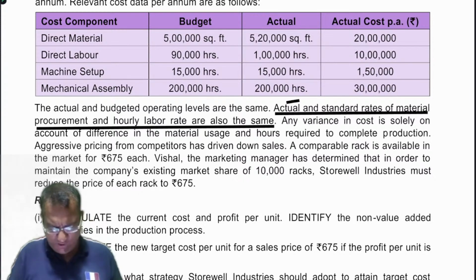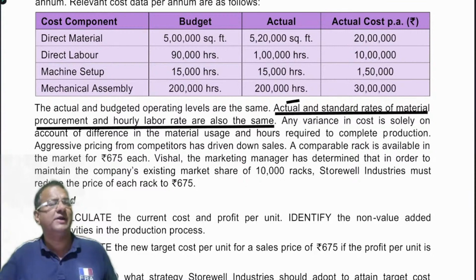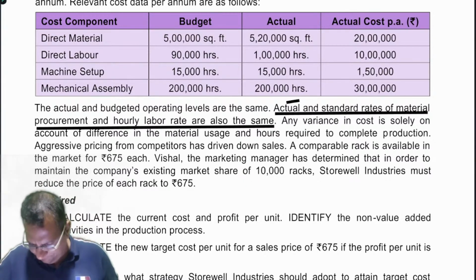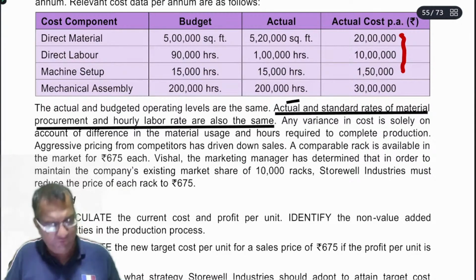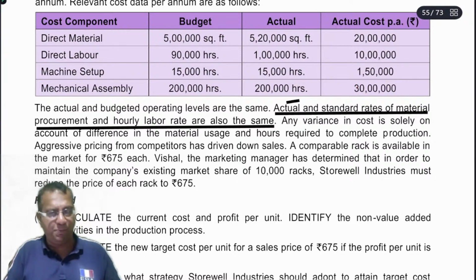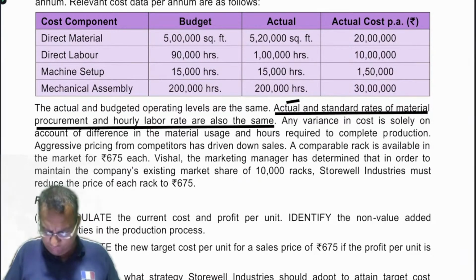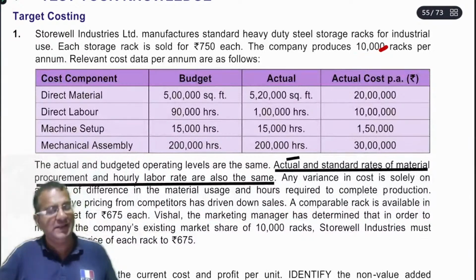Okay, beta. It is comparatively easy to solve requirement part number 1 and requirement part number 2. Just make a total of all the current cost, what our cost is today. So it's 61,50,000 rupees total current cost divided by 10,000 units.